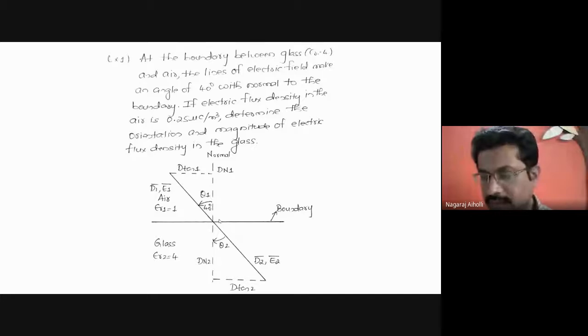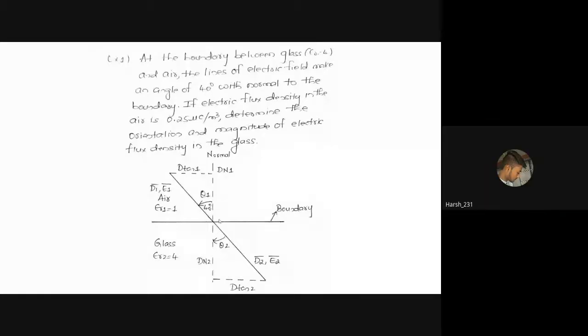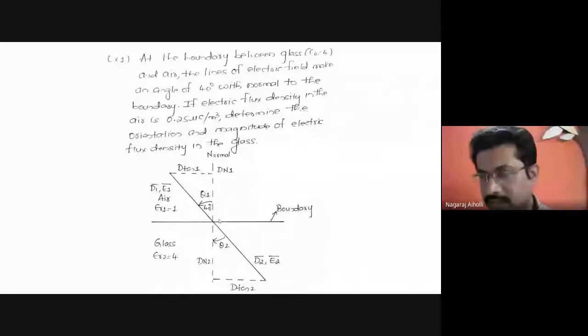Yes, 0.1607. Correct. 0.1607 microcoulomb per meter square. You should not leave out microcoulomb per meter square, otherwise your answer will not be complete. Please take care of that.